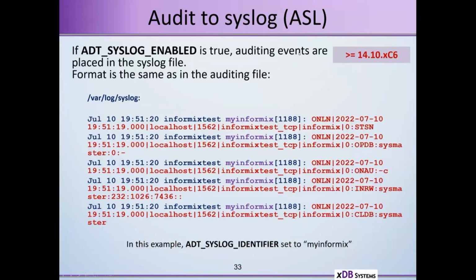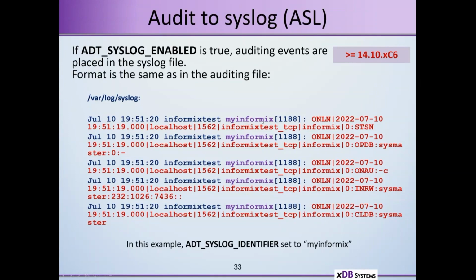Moving on to some of the new features, where we can audit to syslog. Here we set a value in the configuration file, ADT syslog enabled. Once that's turned on, instead of or in addition to writing to the file, that same information will also be recorded in the syslog file. The format is pretty much the same: we've got our date, time, host name, and my Informix here.